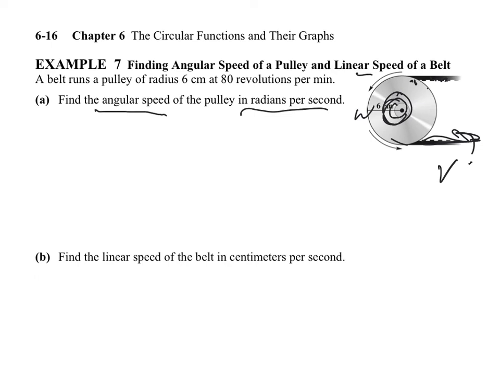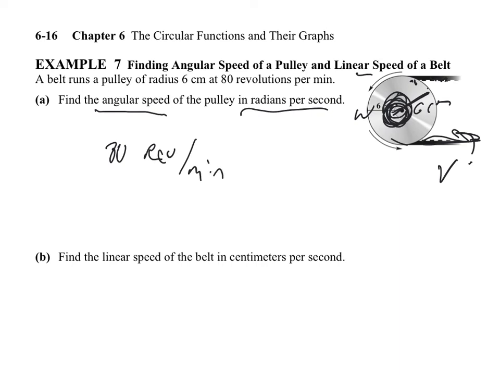Find the angular speed of the pulley in radians per second. We know that the pulley has a radius of 6 centimeters. So this circle is 6 centimeters. And we know it's spinning 80 revolutions per minute.